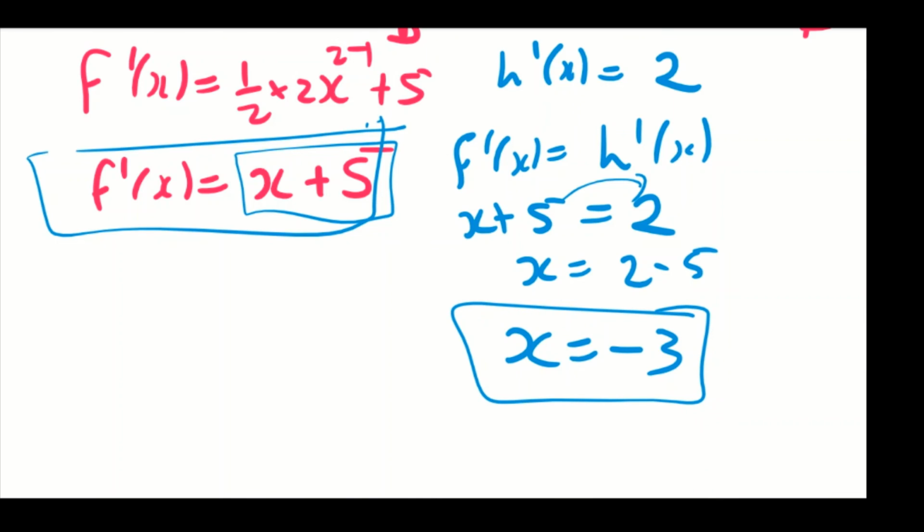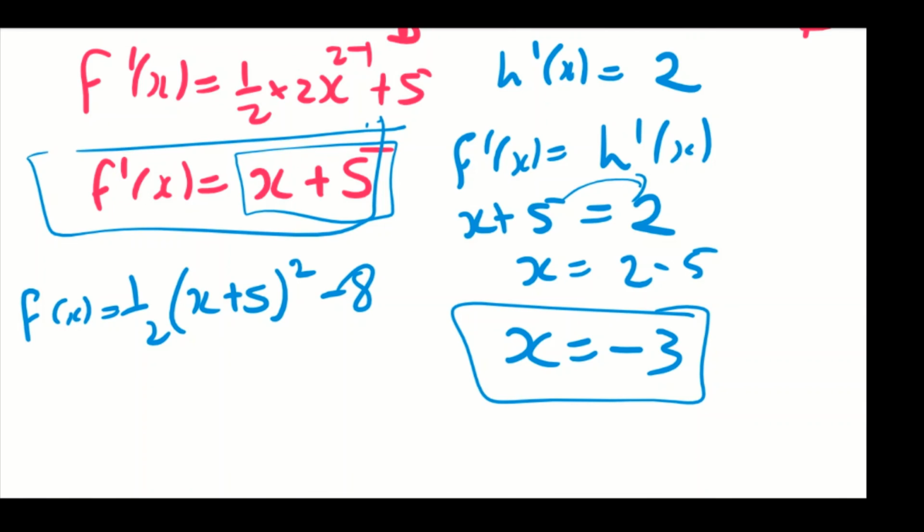So now that we know the x value of the point of contact between these two, we need to find the y value, right? You can substitute the x value into the original equation of f of x, where it was 1 over 2 into x plus 5 squared minus 8.